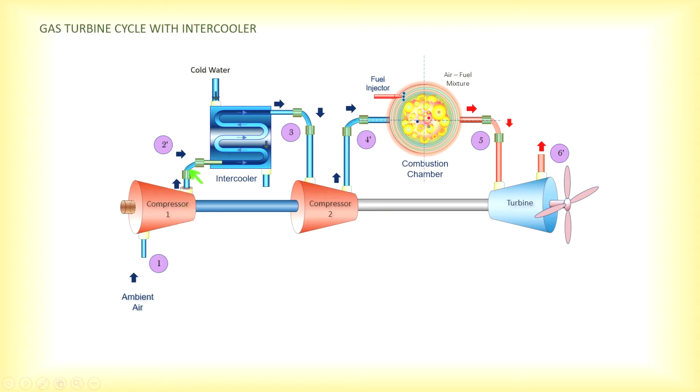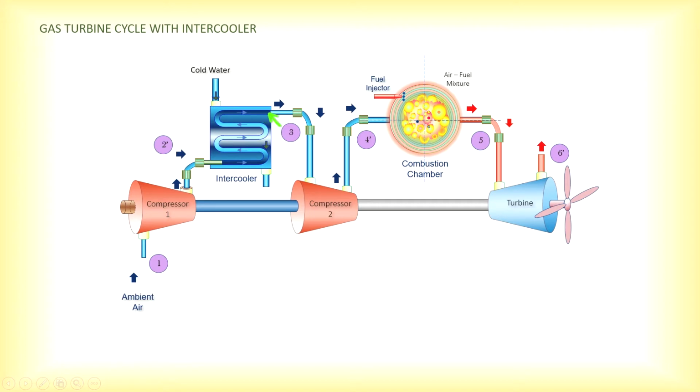And then it will go into the intercooler with high pressure and temperature, because after the first compression stage, the pressure and temperature usually will be increased. So what happens is when it goes into the intercooler, it undergoes a cooling process. So that means it rejects all the waste heat as what we have mentioned.